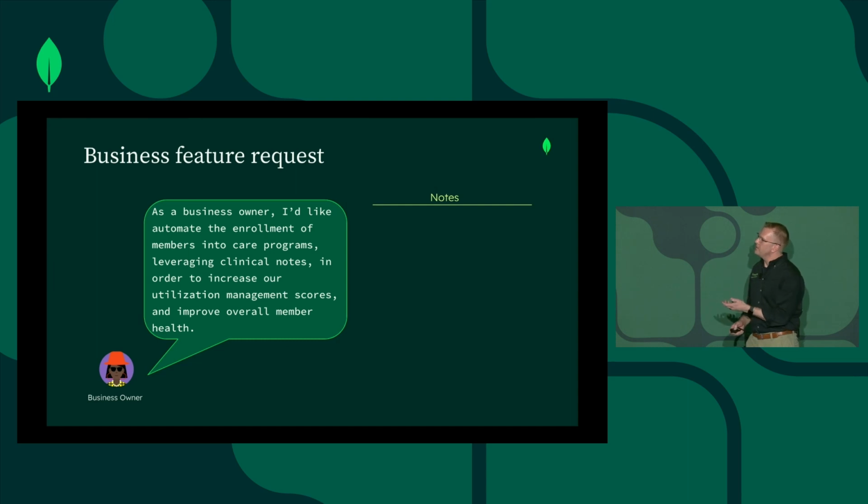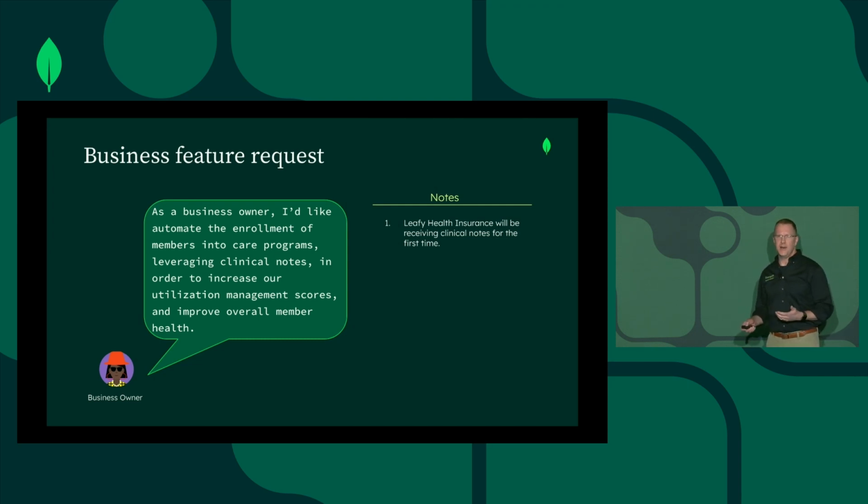And let's see what we can do with clinical notes and vector search to exploit the technology as a software delivery team to try and meet this goal from the business product owner. We know in the feature notes that we're going to be receiving clinical notes for the first time. We don't get those right now. As a health insurer in the United States, we are actually privileged to have access to those clinical notes.